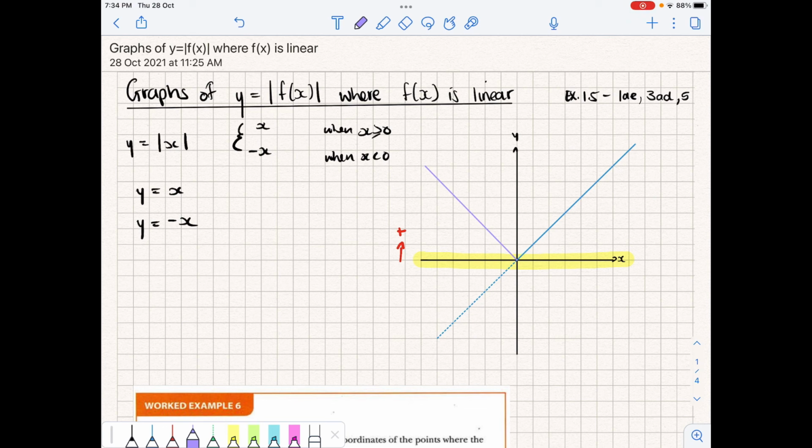One interesting property is that y equal to negative x is actually just a reflection about the x-axis. We've just reflected all the negative solutions from y equal to x about the x-axis, so all the y coordinates that were negative have just become positive.